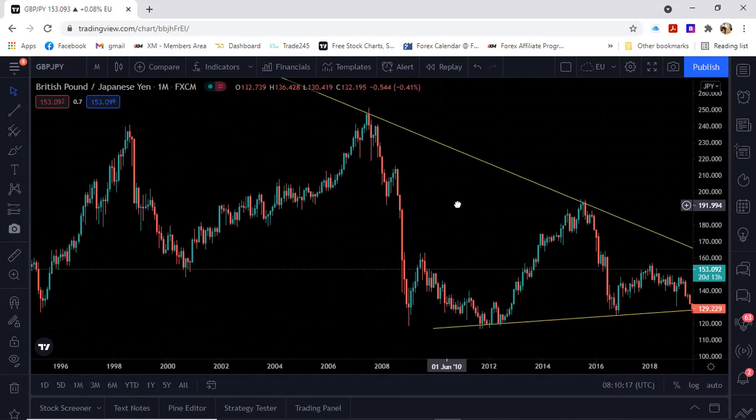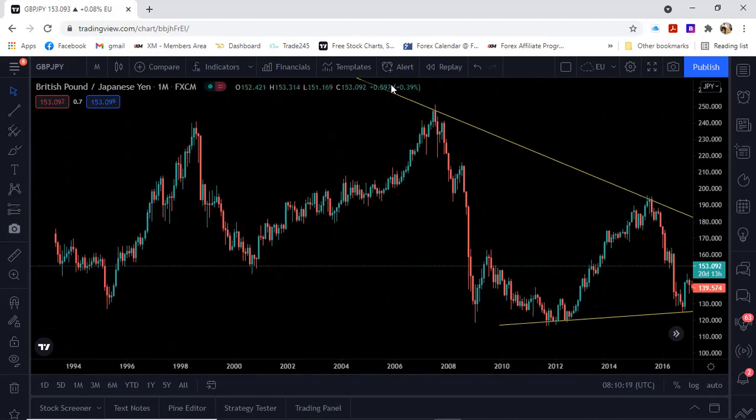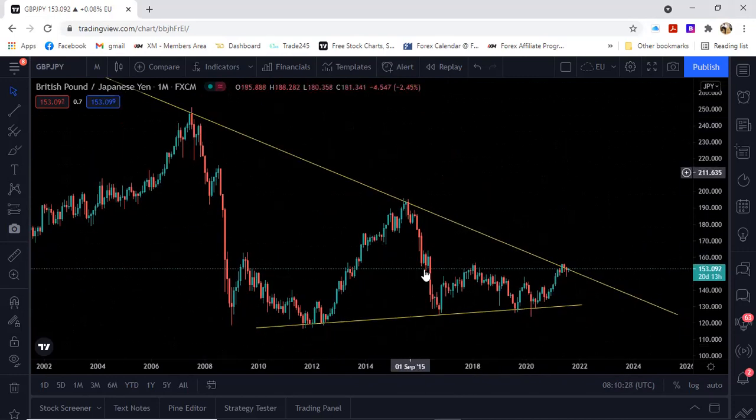And then, like we said, this is our leg X, this movement from that point to that point. That was our leg X, and then it started correcting in this manner. So we say this is our X, that's our W, X, Y. You can say it's a triangle because a triangle is an A, B, C, D. If they're going to correct from this point, they must come down and form an E. But we will see.